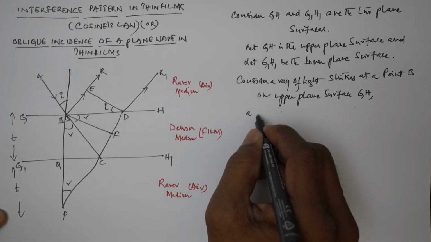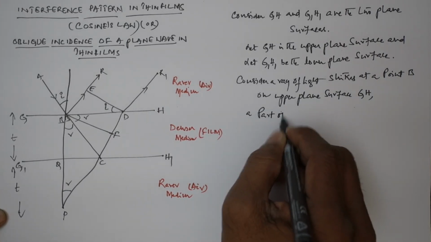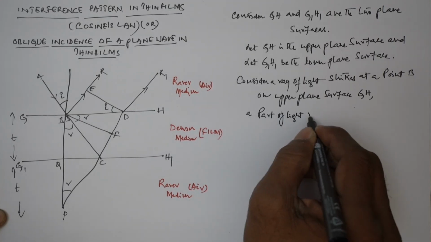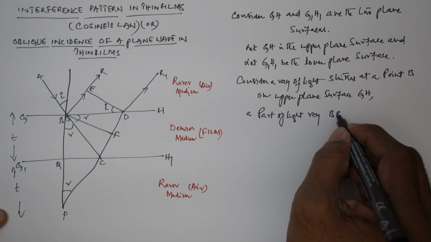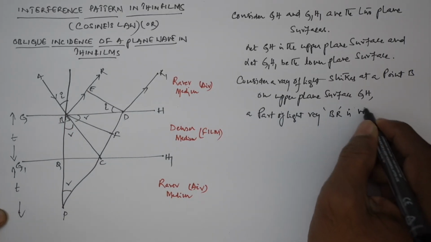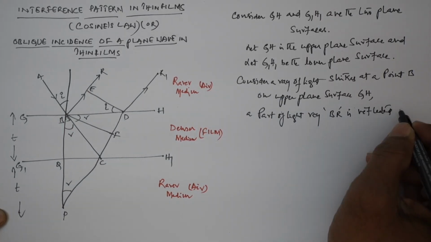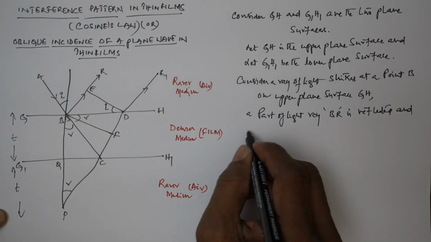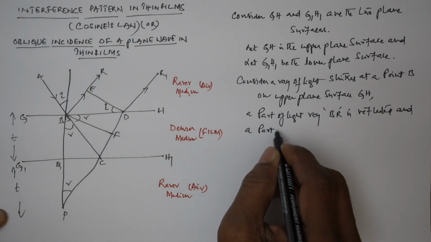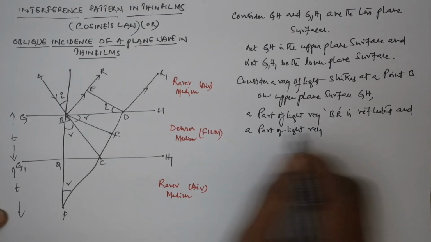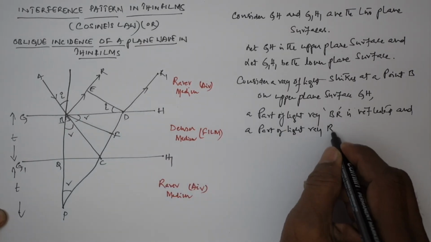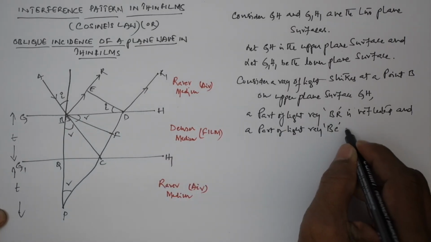A part of light ray BR is reflected, and a part of light ray BC is refracted.